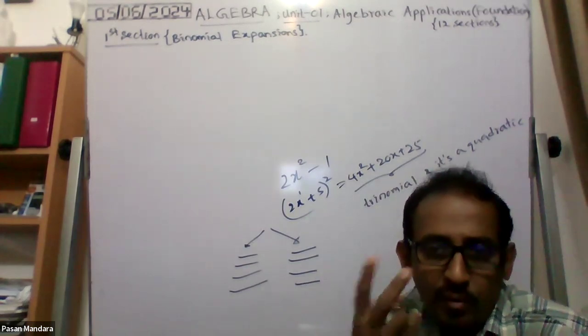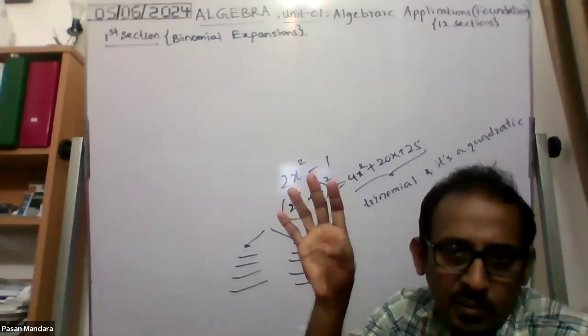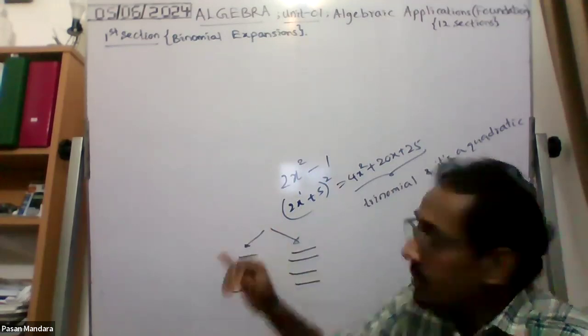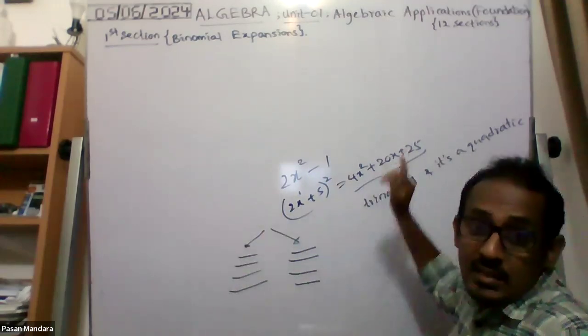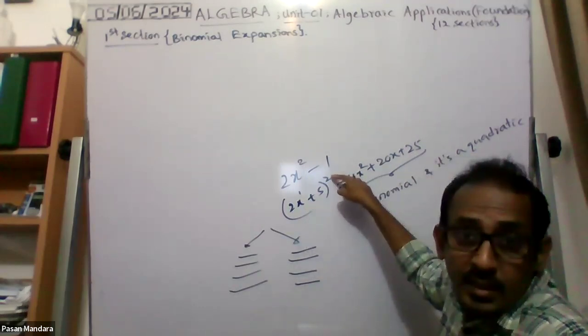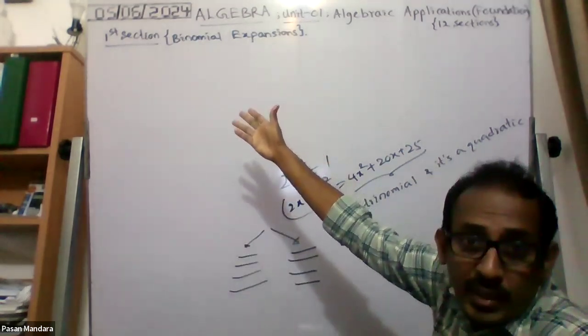Trinomial, it's a quadratic. So you always have two selections. Depending on the number of terms, you have to select what? Monomial, binomial, trinomial, quadrinomial. Count the number of terms not in the given question, but in the answer. Given question, binomial. Binomial expansion, you can't guarantee the number of terms. That's the lesson we are going to learn today.